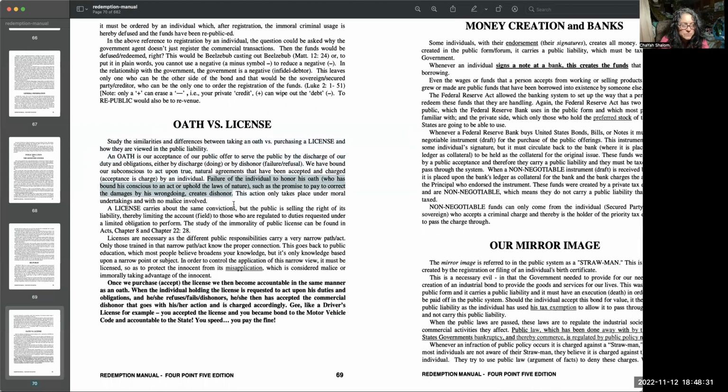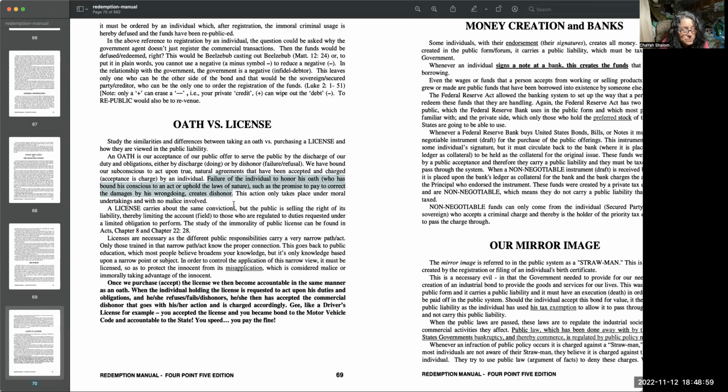Failure of the individual to honor his oath, who has bound his conscience to an act or uphold the laws of nature, such as the promise to pay, to correct the damages by his wrongdoing, creates dishonor. So he's comparing two things.